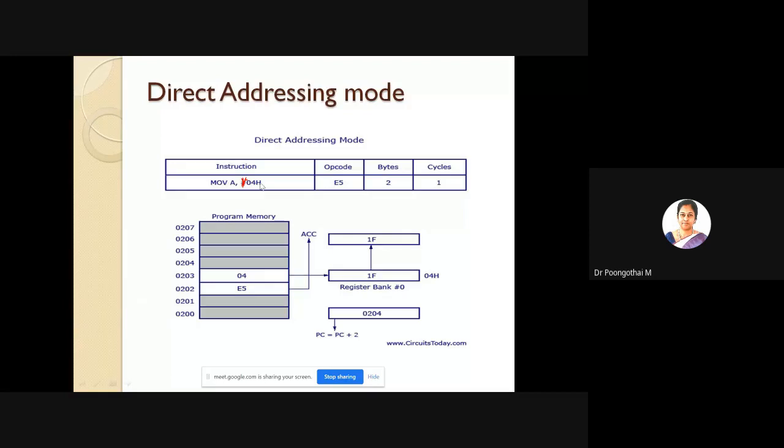When this instruction is executed, whatever data is stored in register 04 is moved to the accumulator. The opcode for this instruction is E5, it takes 2 bytes of memory and requires 1 machine cycle to execute. It is a 2-byte instruction, where 1 byte is for your opcode and another byte is for your address. So this 04 is an internal address.